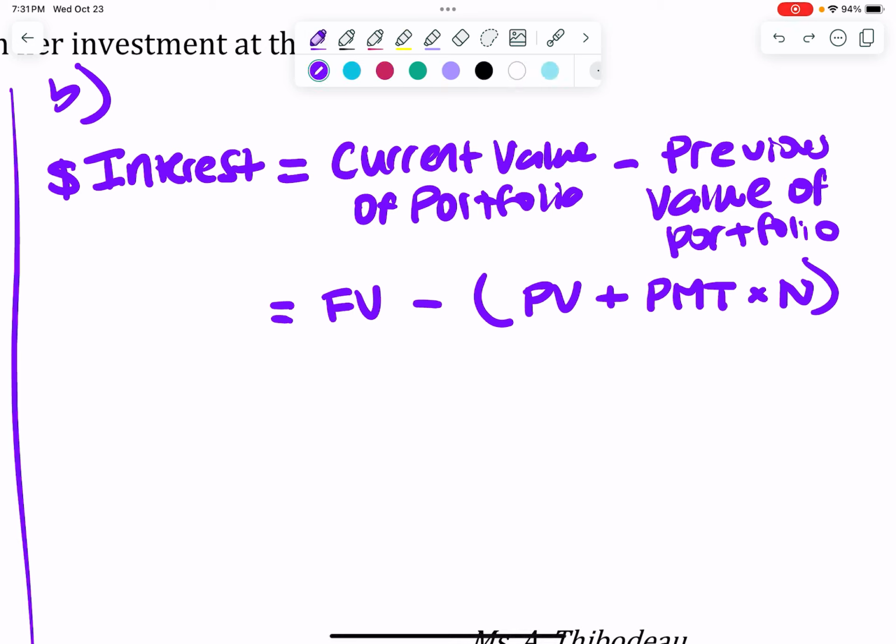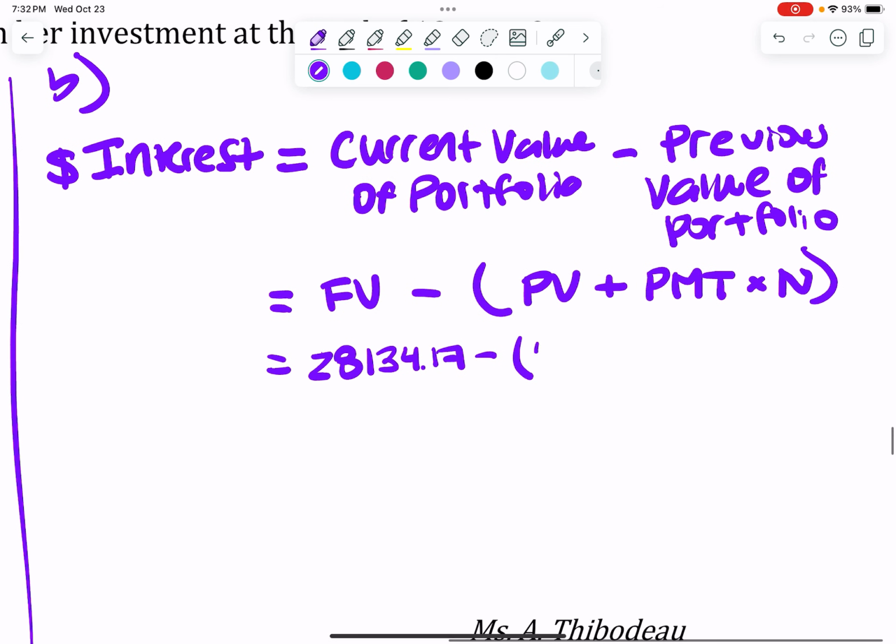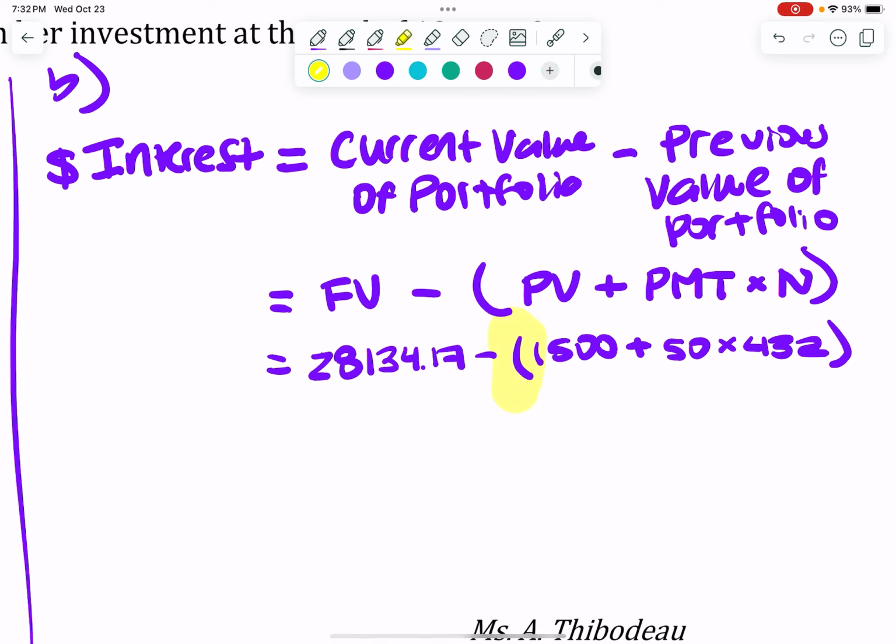Now I know all those values. That is not new to me. So I'm going to plug them in. $28,134.17 minus $1,500 plus $50 invested, a total of 432 times. When I plug this into my calculator, so super important that I have brackets here.